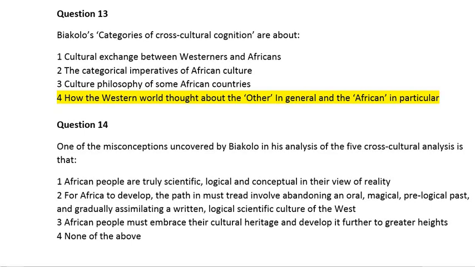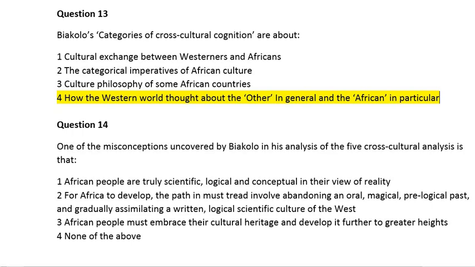Question 14. One of the misconceptions uncovered by Biakolo in his analysis of the cross-cultural categories is that: number 1, African people are truly scientific, logical, and conceptual in their view of reality. Number 2, for Africa to develop, the path it must tread involves abandoning an oral, magical, pre-logical past and gradually assimilating a written, logical, scientific culture of the West.